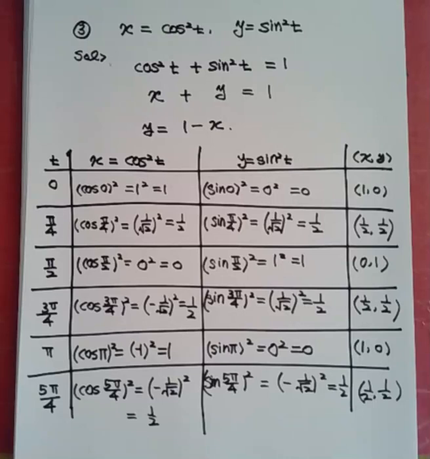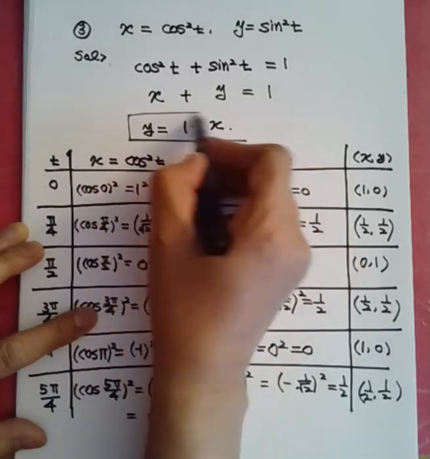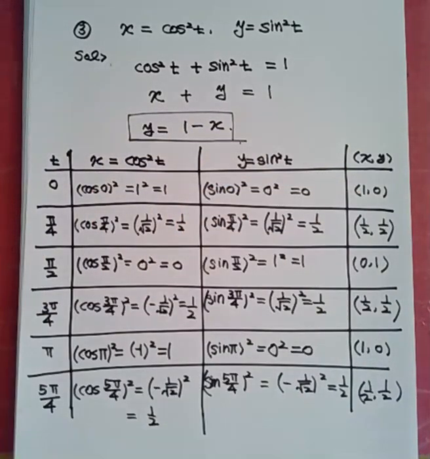Remember that those points are on the straight line. Another important point you have to keep in mind is x is defined by cosine and y is also defined by the trigonometric function sine.